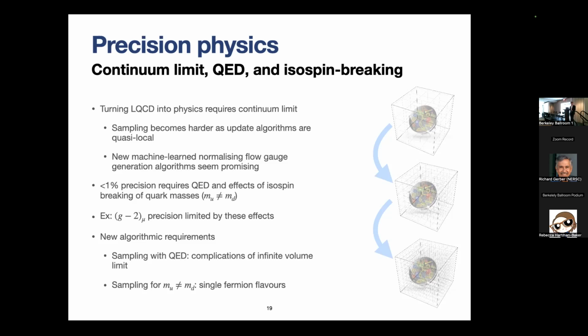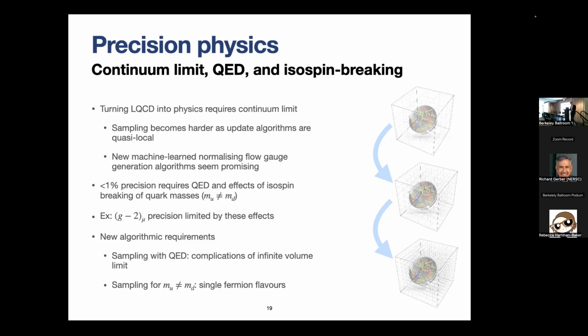One thing that happens because our sampling algorithms are essentially quasi-local is that as you try and do that, as you try and take the continuum limit in particular, because physics is at some fixed length scale, and as you're shrinking the discretization, the correlation lengths are becoming very large. You get some kind of critical slowing down in the algorithms here. But this is something where we need to do this in order to get to the precision levels we have from experiment.